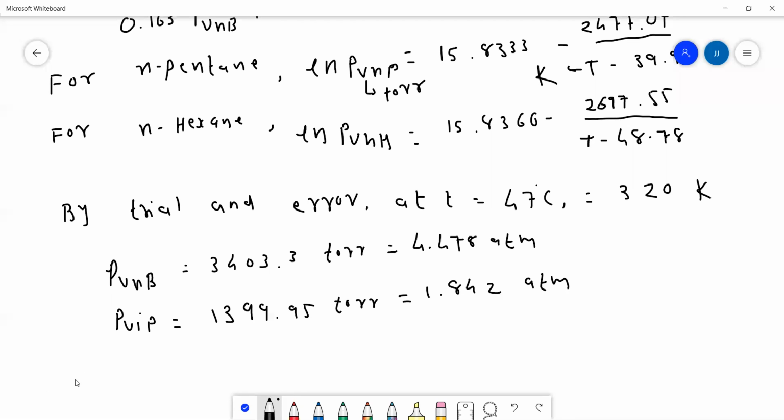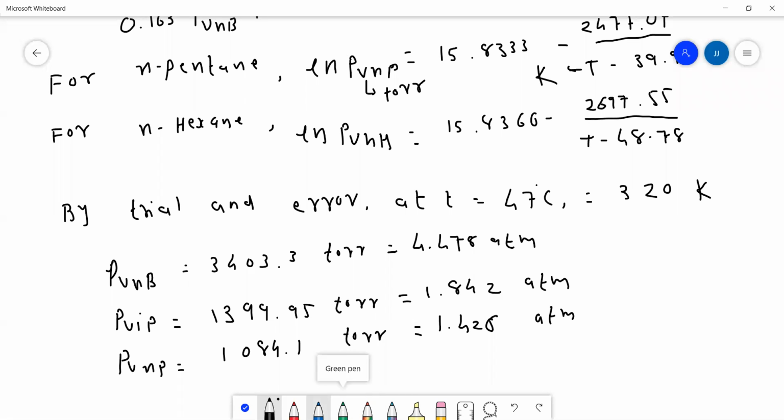Then the vapor pressure of n-pentane is 1084.1 torr, equal to 1.426 atmosphere.